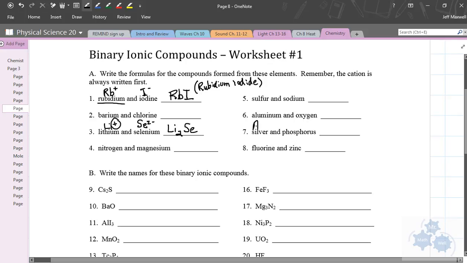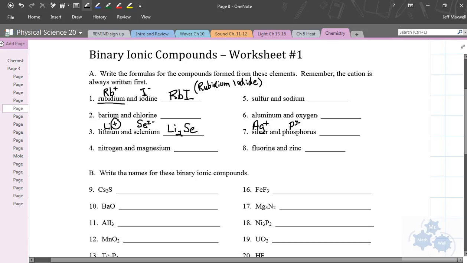Okay, silver is Ag what? Plus what? Plus, yeah, it's just +1. And phosphorus is just P, and what is the charge on phosphorus? 3 negative, yeah. 3 minus charge.